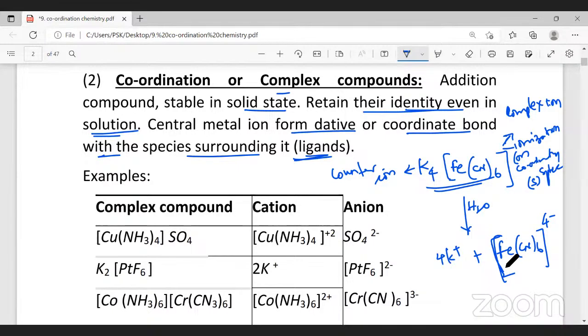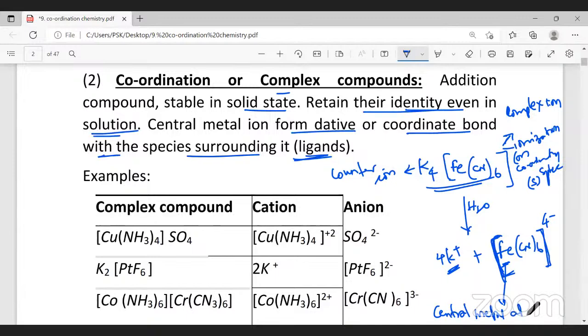Now, you should remember this ion is a d-block element. Potassium is also a metal, iron is also a metal, but iron is in the square bracket. So iron is present in the complex ion. Since this ion is present in the complex ion, it is called the central metal.